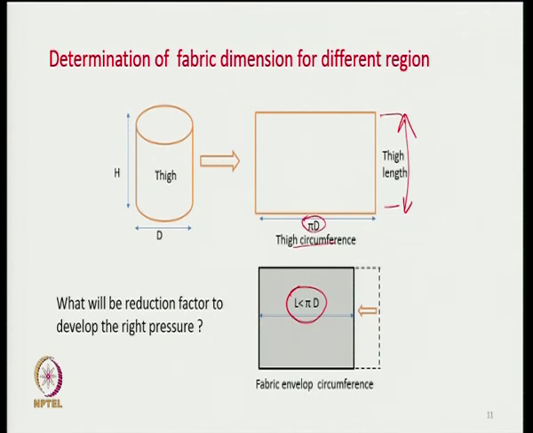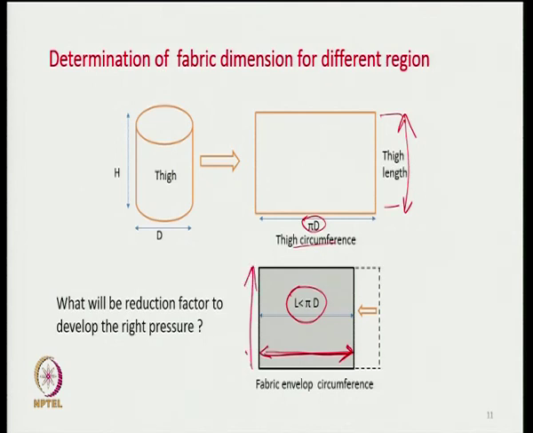If I want to cover this thigh region with a piece of fabric, it has to be rectangular in shape, and the circumference of the fabric, this length, should be less than the circumference of the thigh.